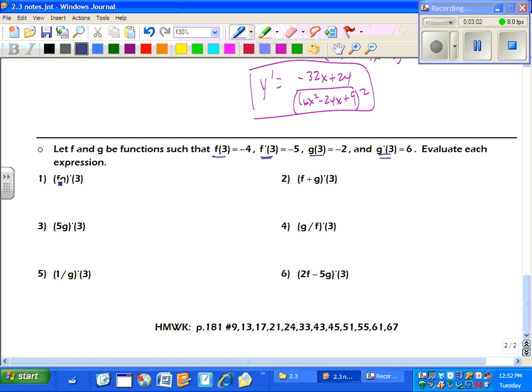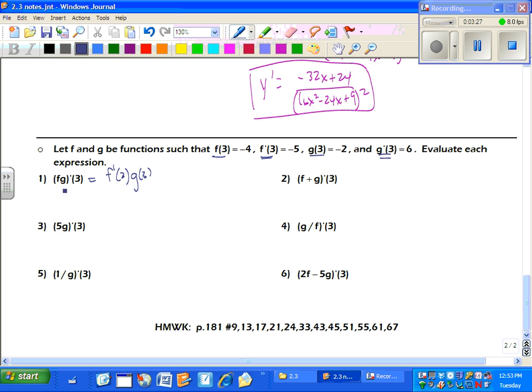If we look at number 1, we're taking the derivative of f times g. So multiplication, that means we're going to use the product rule. So the product rule means that we're going to take the derivative of the first function, so the derivative of f, in this case at a specific value, at 3, times g of 3.